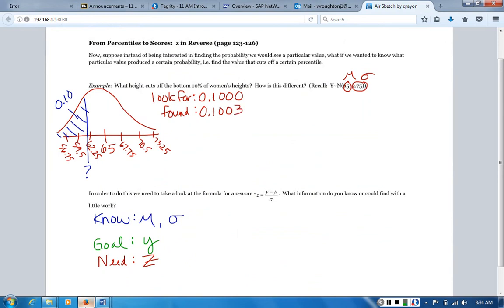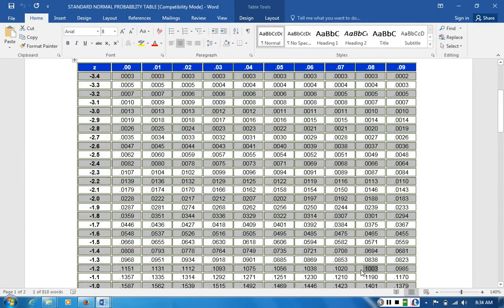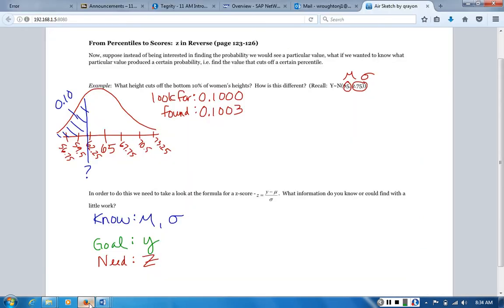Now that's not my Z, that's just the number I found in my table. But now that I have that number, I can work out to find my Z. I'm going to ask myself, well, what row is that number in? -1.2. What column is that number in? Which is the 0.08. And I'm going to put those 2 numbers together to get me a Z of -1.28.